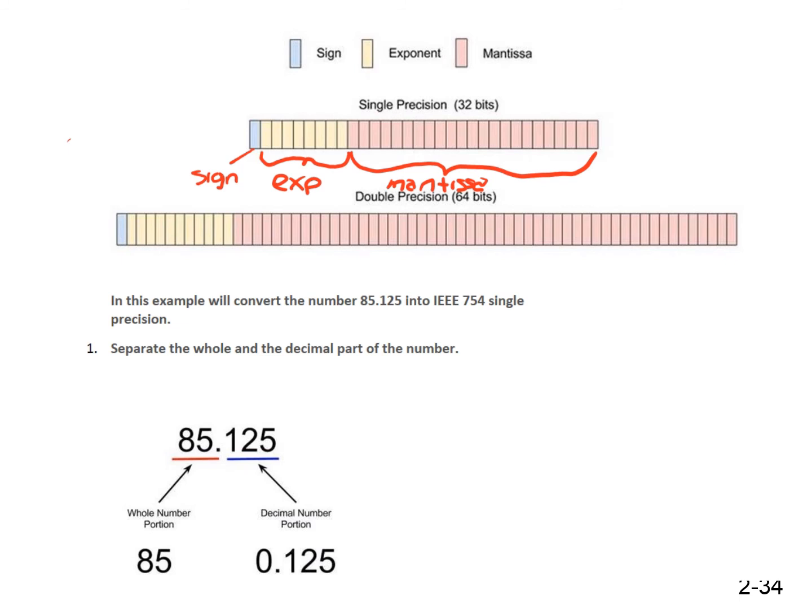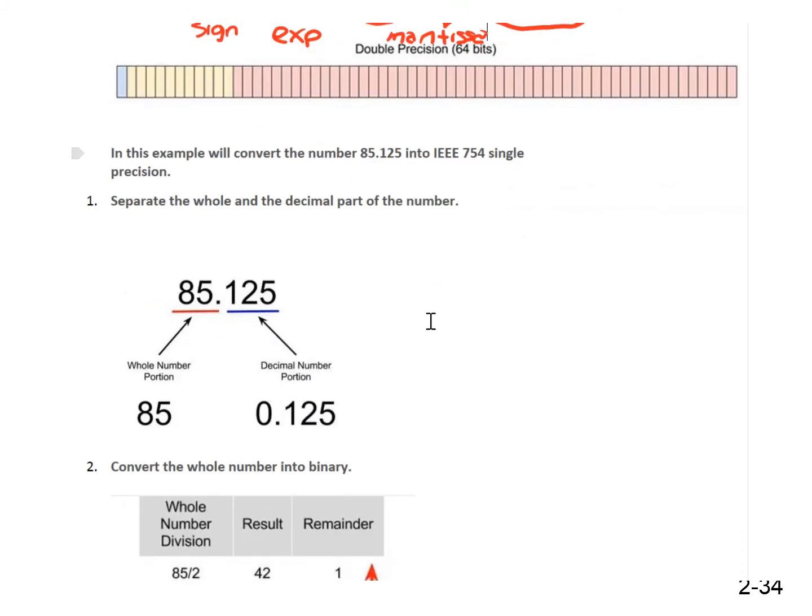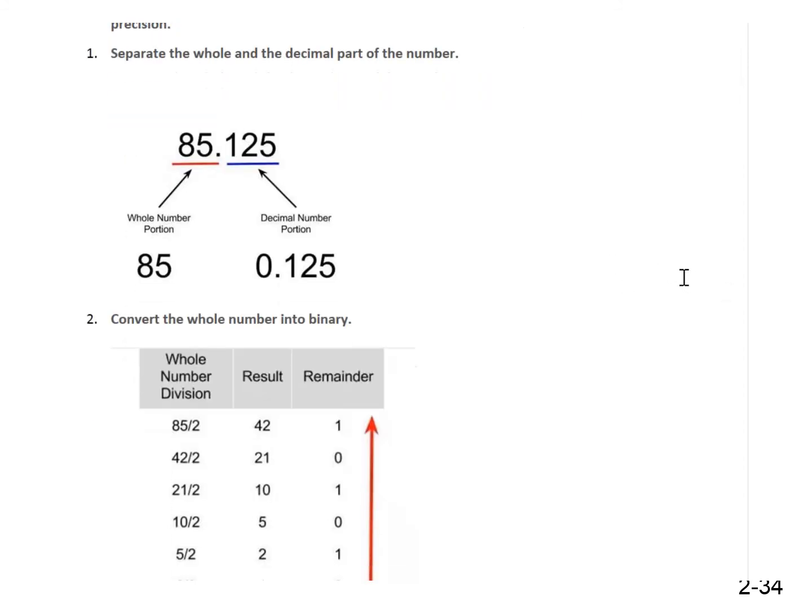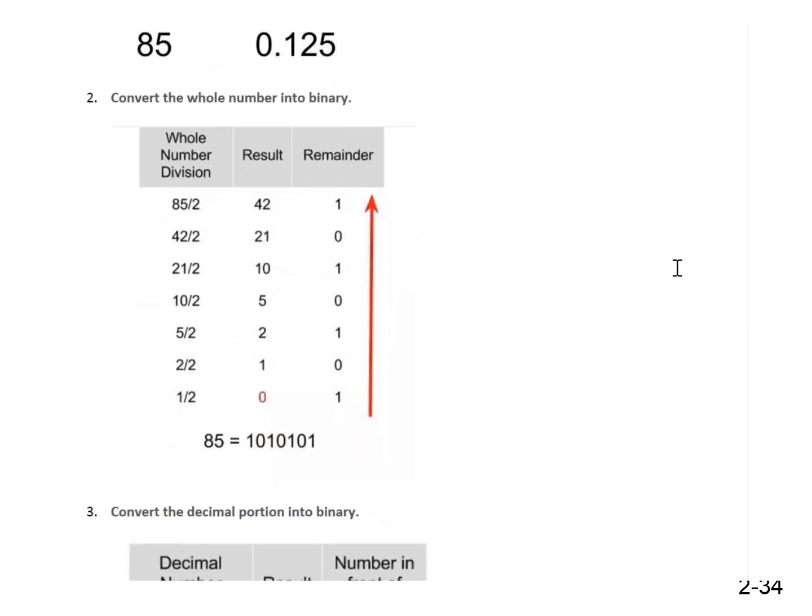So in this case, we're going to take a number, 85.125. I can tell you by looking at it, this number is going to divide into a power of 2 nicely. So first thing we do, first part in the process, separate the whole and the decimal part of the number. And we'll start with the whole number and convert 85 into binary.